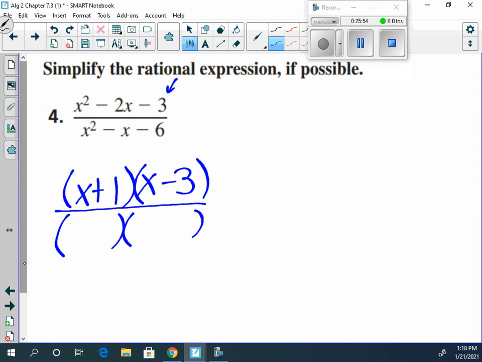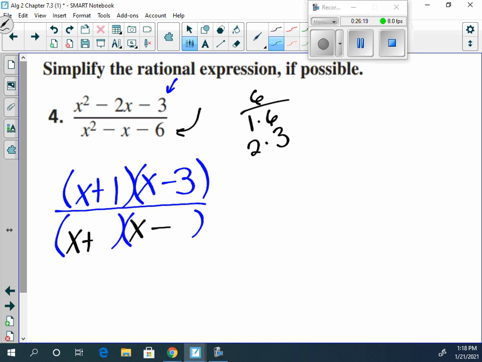Okay? Well, the factors of the denominator. The 6 is negative, so we're going to have a plus and a minus. The factors of x squared are x and x. If we look at the factors of 6, we have 1 and 6 and 2 and 3.